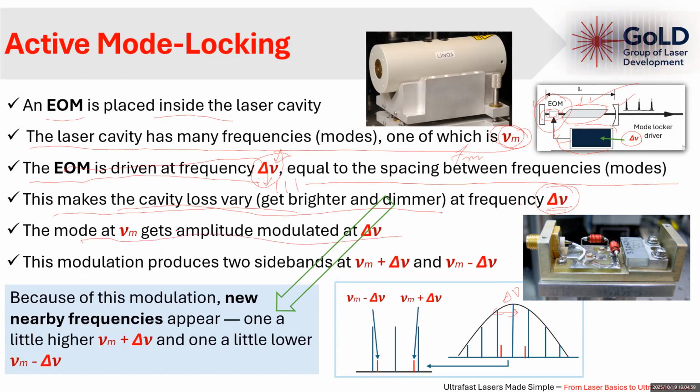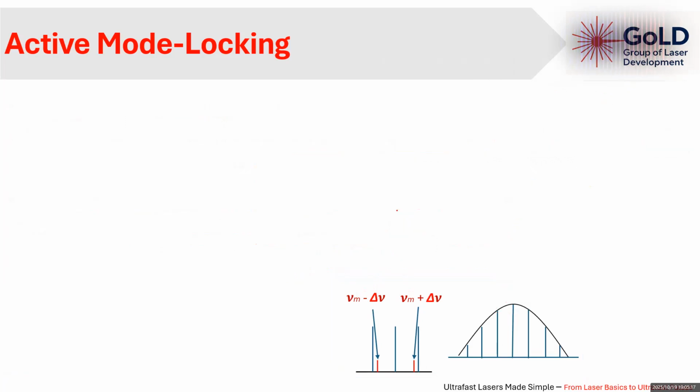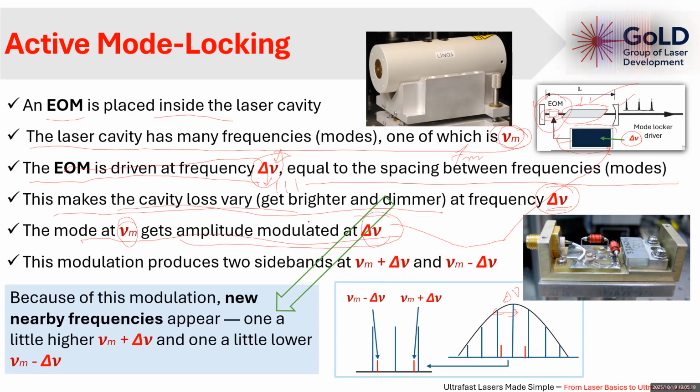Because of this, each and every mode starts modulating with the same frequency, the separation between the two modes. This is applied externally. When it is applied externally, each and every mode starts modulating with a frequency equal to the spacing between the two modes.